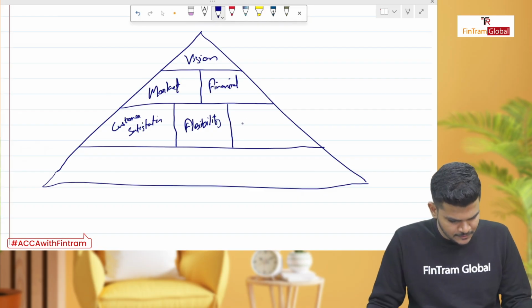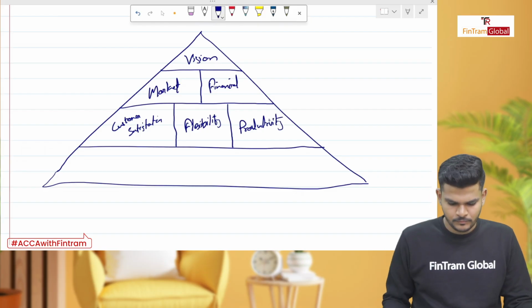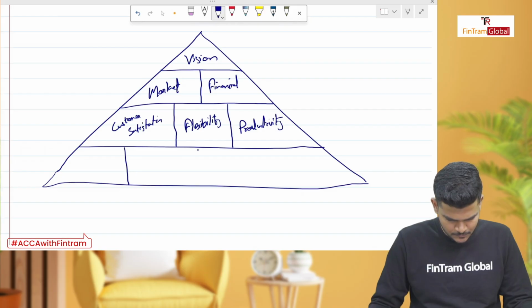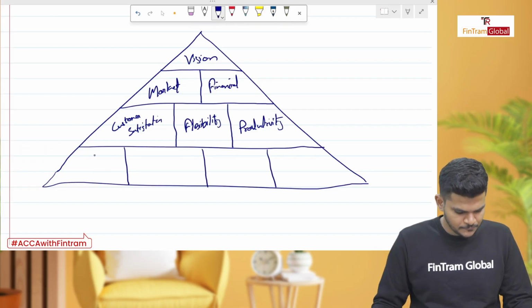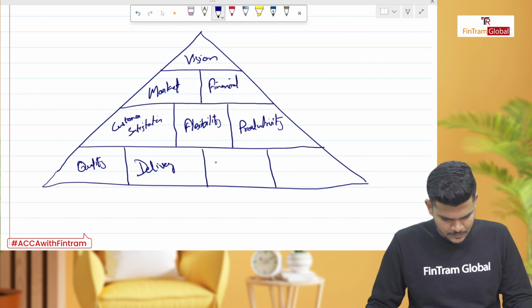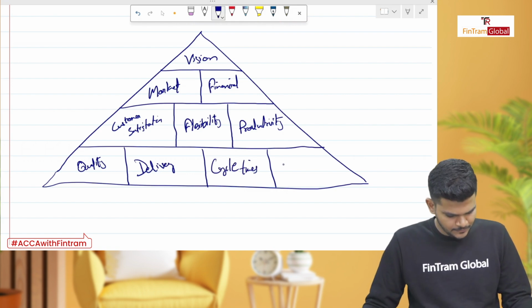And thirdly, there is productivity as well. Okay, folks, and below this we have 4 aspects. What are these 4 aspects? Quality, delivery, cycle times, and then waste.